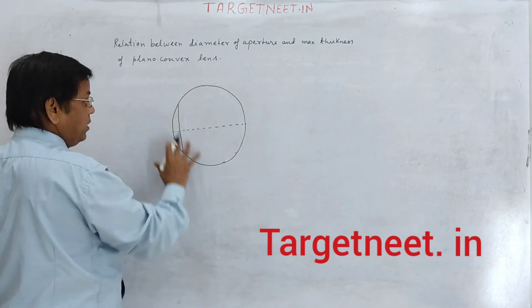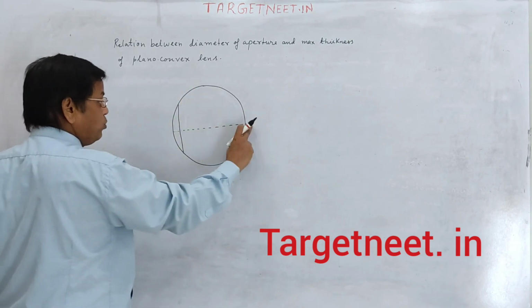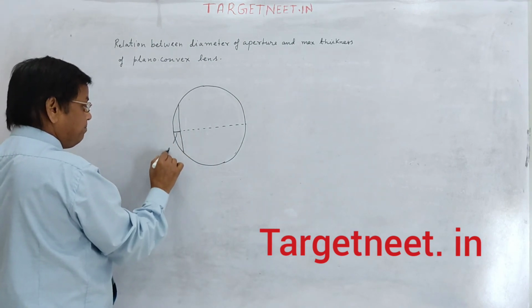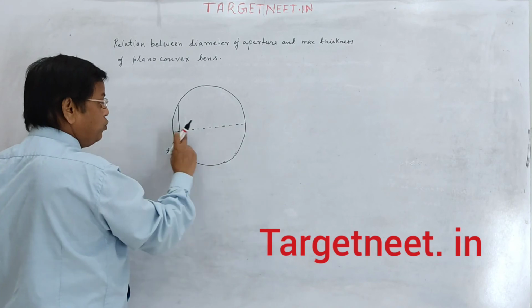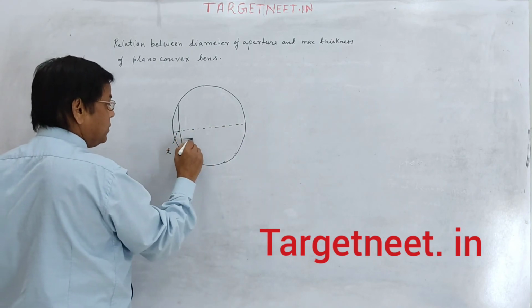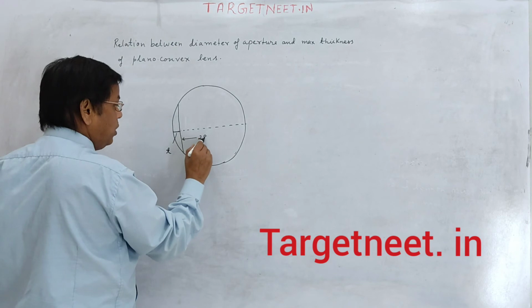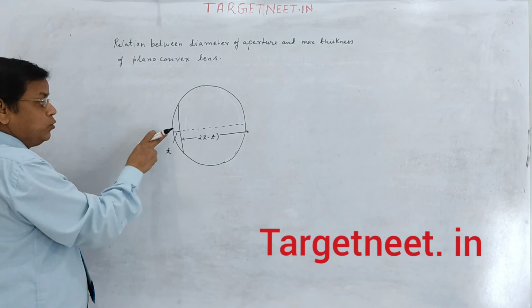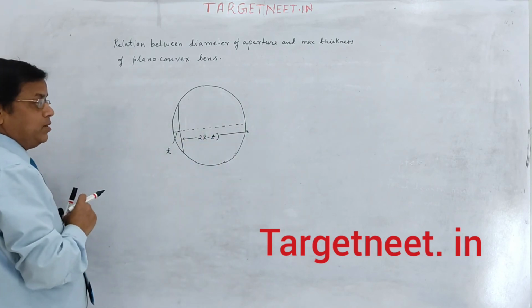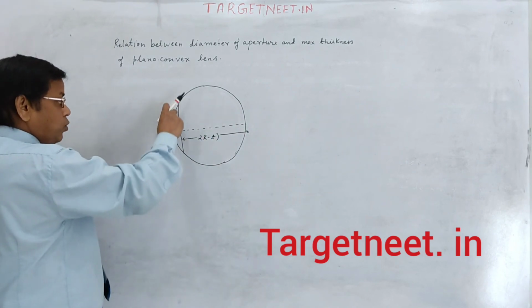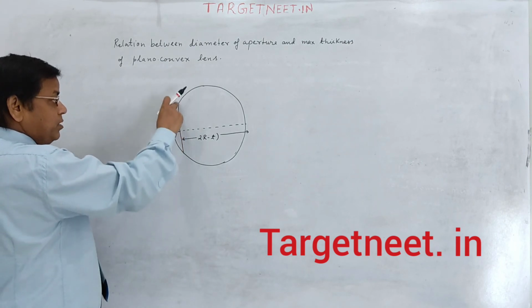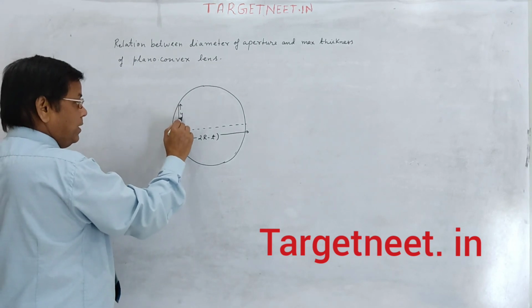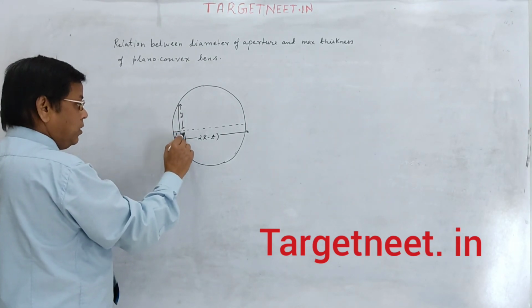Suppose this sphere has a radius r, so from this point to this point is 2r. Suppose this maximum thickness is t, and from here to here it is 2r minus t. Because from here to here it is 2r diameter, and this is called aperture of lens, diameter of aperture of lens. Let this be y and this is also y.